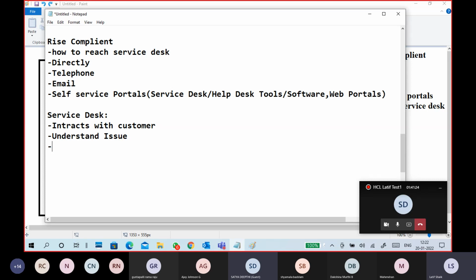So what exactly happened? Okay, what exactly has happened? That is the what: understand the issue and give the initial support.